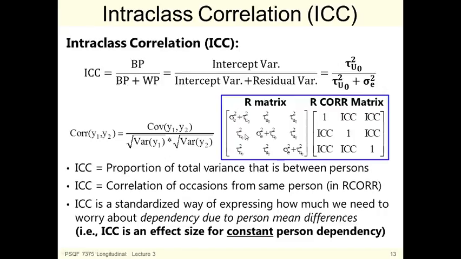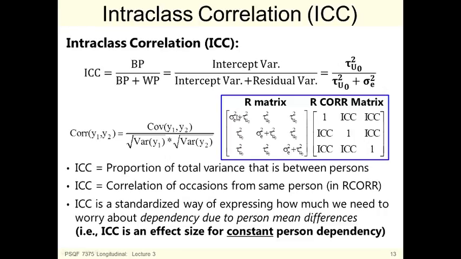It is also saying that the only reason that occasions from the same person were related is because that person has a different mean, and that's it. So the only term that predicts a covariance is this U variance, this intercept variance here. If we go back a few slides and look at the formula for correlation, it's covariance over variance, and that special correlation over time is the ICC.